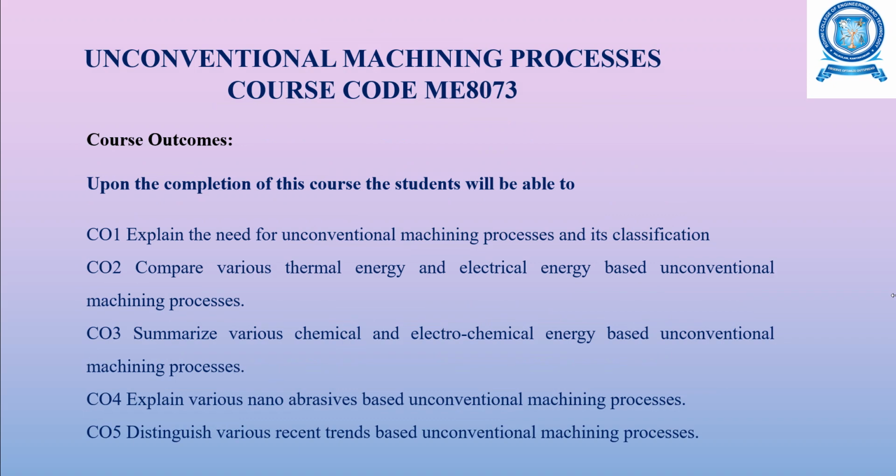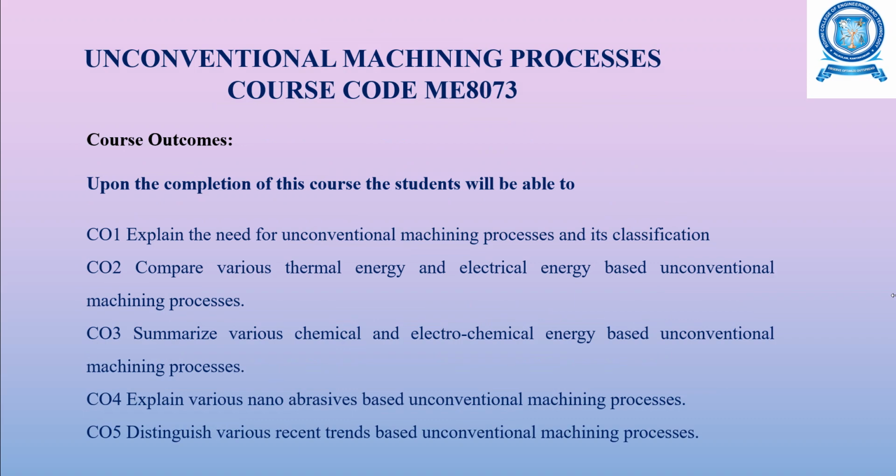So the course outcomes for this course are that the students will be able to explain the need for unconventional machining processes and its various classification after completion of Unit 1. And after completion of Unit 2, the students will be able to compare various thermal energy and electrical energy based unconventional machining processes.